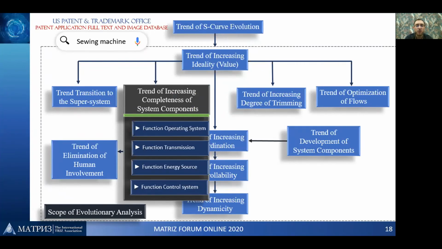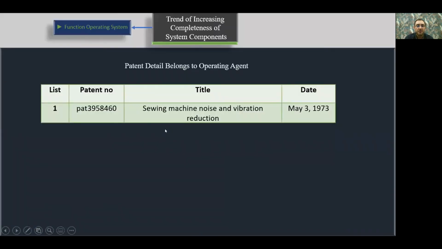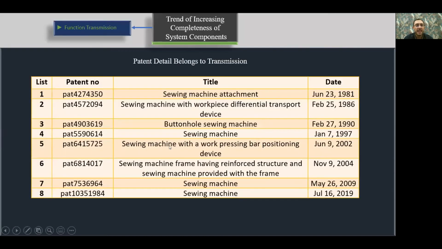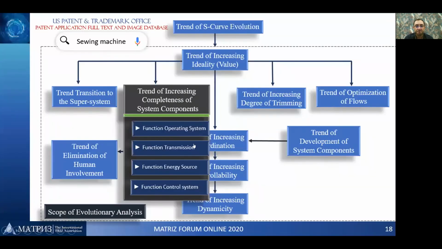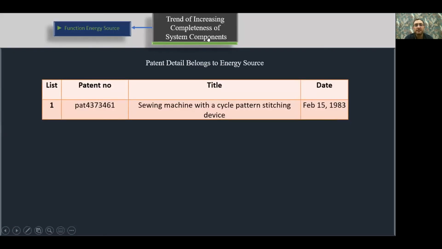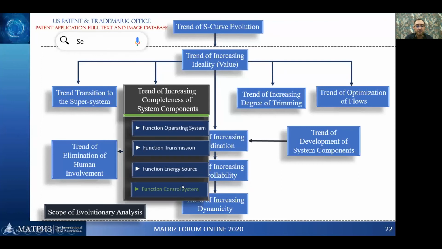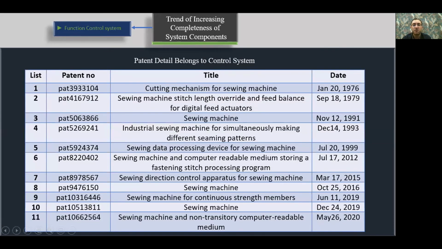When we select operating system, we can find only one patent belonging to this group. When we click on transmission, we find 8 patents in the transmission group. In energy source, there is only one patent. And finally, in control system, we find 11 patents.